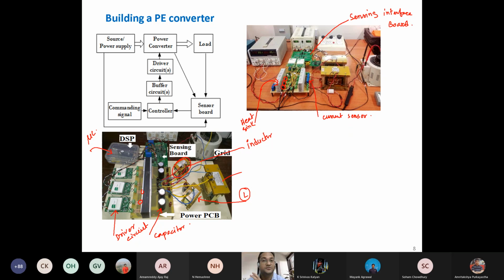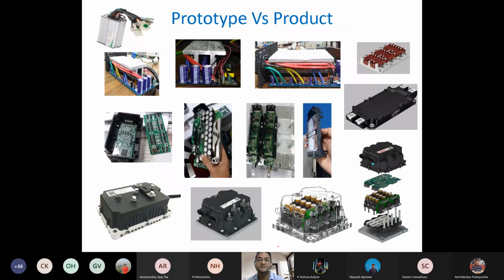They should be much more compact, fit in a required space. So let me show you the difference between prototype and product. What we develop in lab in one or two quantities are prototypes. But a product is what goes actually into the application. So this is how a product looks like.